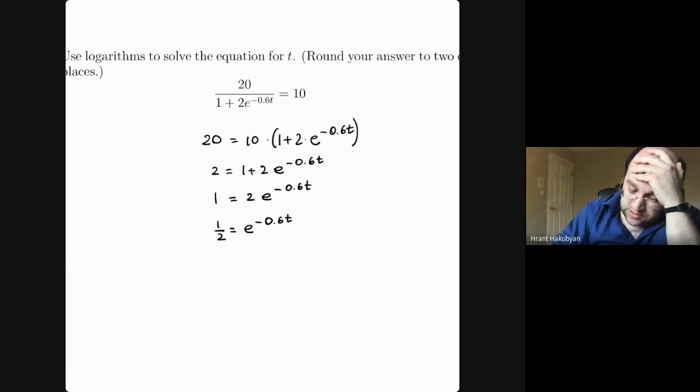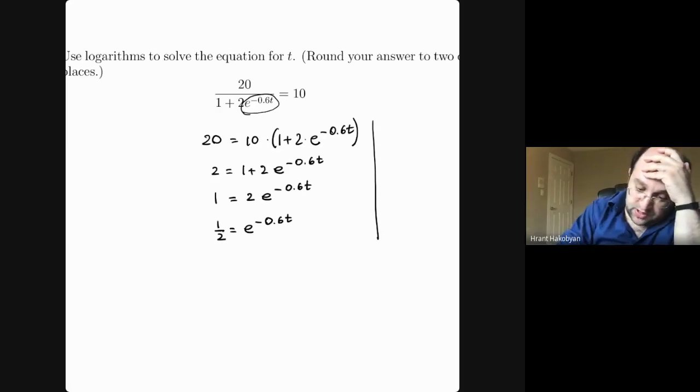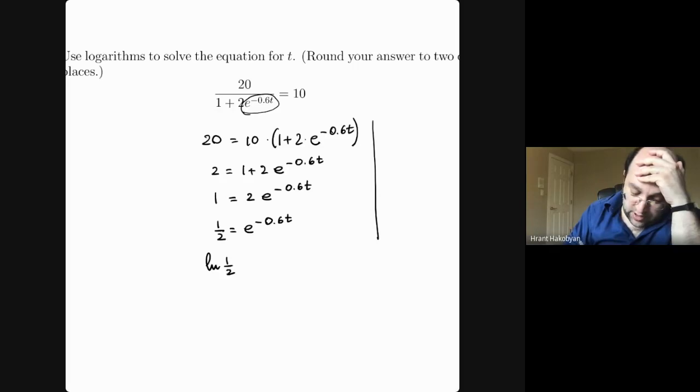So this was simple algebra. I didn't do any logarithms. I just solved for this term here. And now I need to take the logarithm of both sides. Because the base is exponential, I'm going to take the natural logarithm. So I'm going to take the natural logarithm of 1/2, which is equal to the natural logarithm of e to the negative 0.6t.